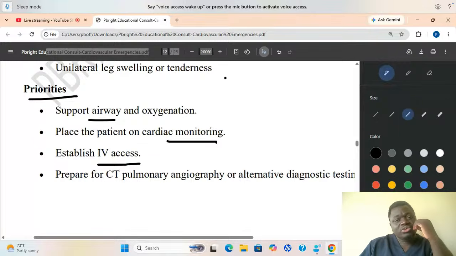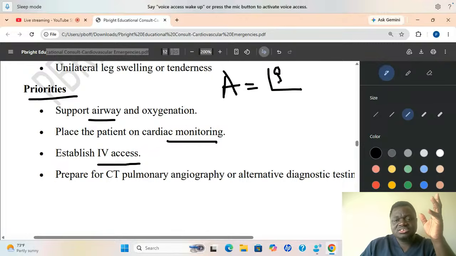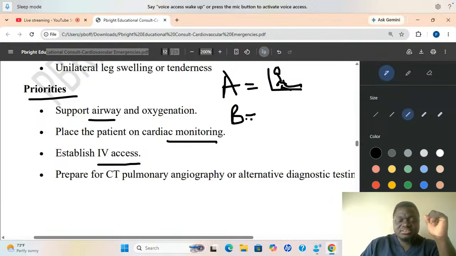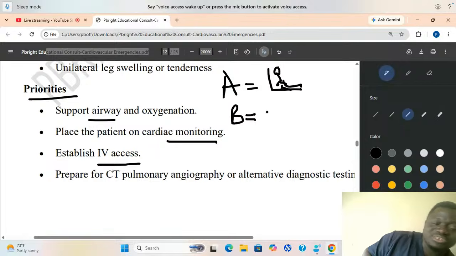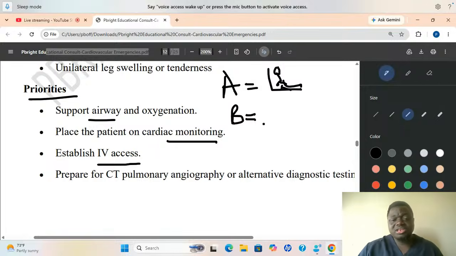What is the nursing intervention for ABCD? Is the airway clear? Let me position the patient in a sitting up position. Airway is cleared. B, breathing. What is the nursing intervention? Assuming you're a new nurse and you don't know what to do, but you know this is pulmonary embolism, what should I do? Breathing. Let me give oxygen.